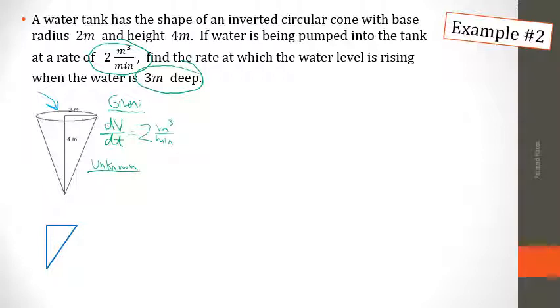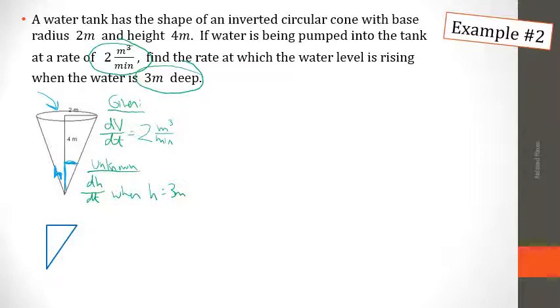So if water is being pumped into this tank, here's the water level, and here's the height of the water level, right here. So they want us to find the rate at which the water level, so dh/dt, when the height is 3 meters. Over here I have another smaller triangle, and this represents the water height.